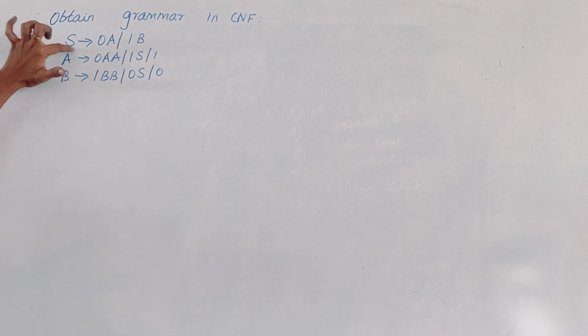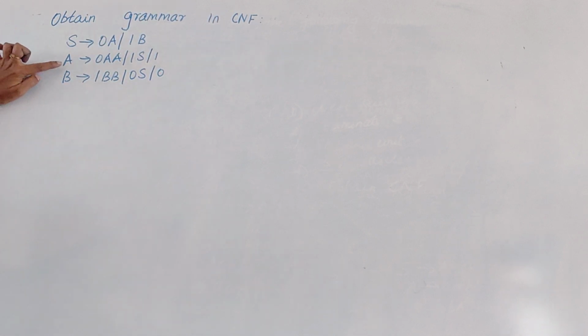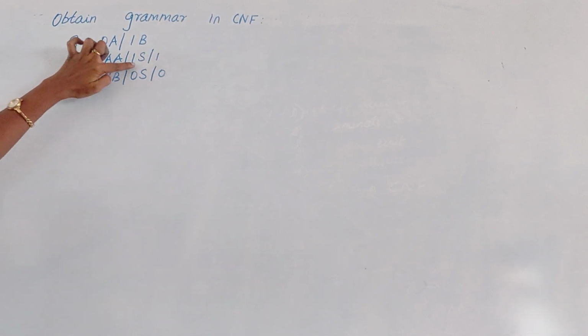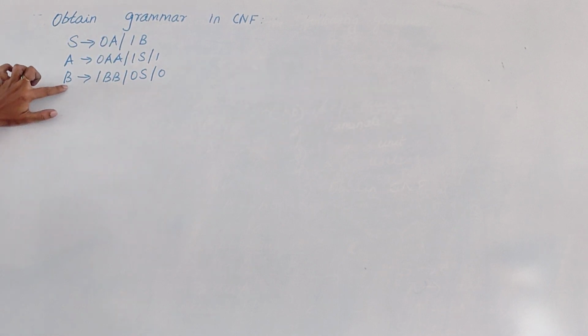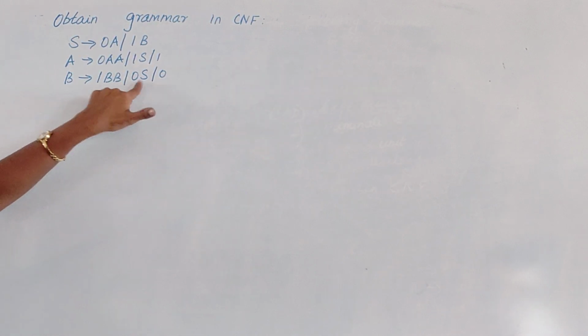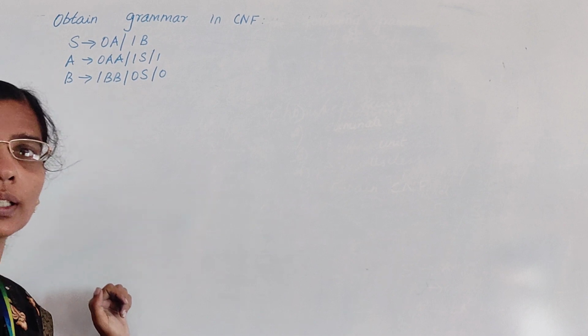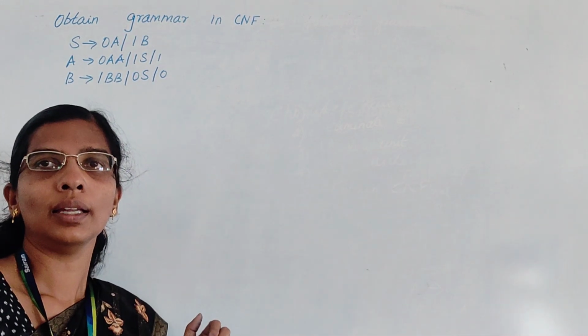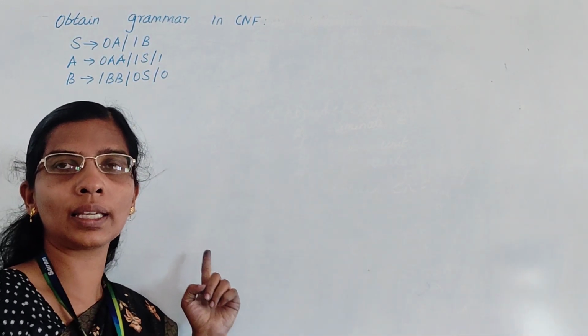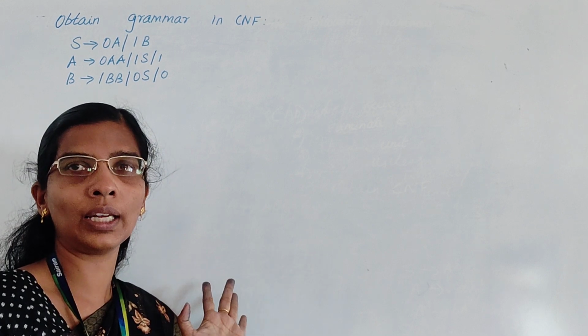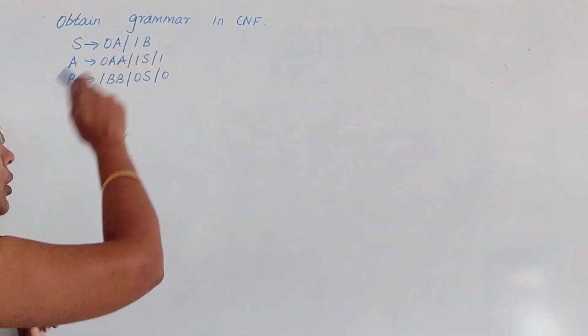So here, no left recursion. For A, the first symbol is not A, no left recursion. For B, the first symbol is not B, no left recursion. Next, by seeing this, I can say this grammar does not have any epsilon production.